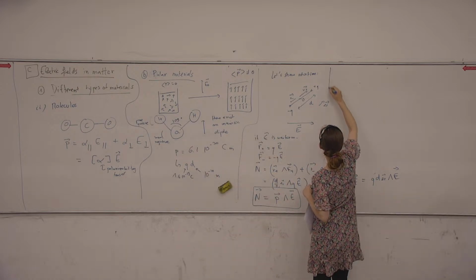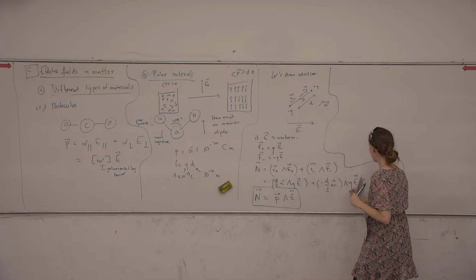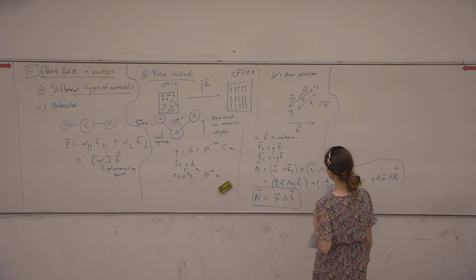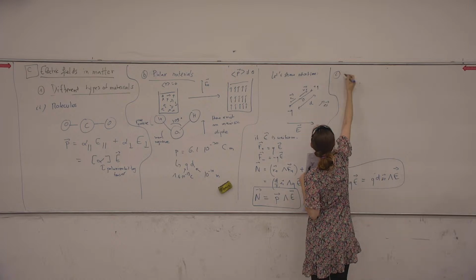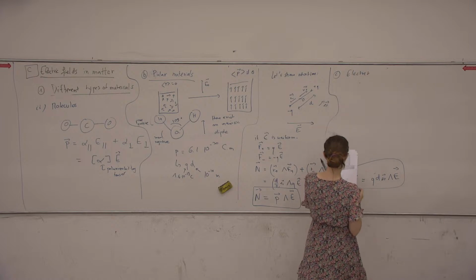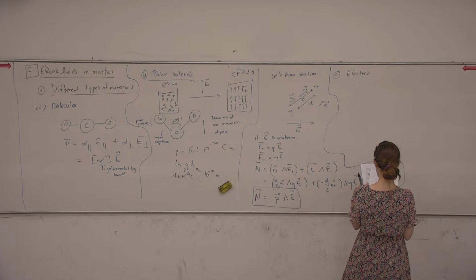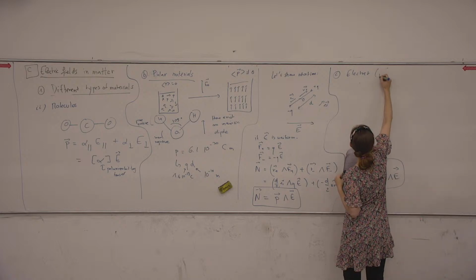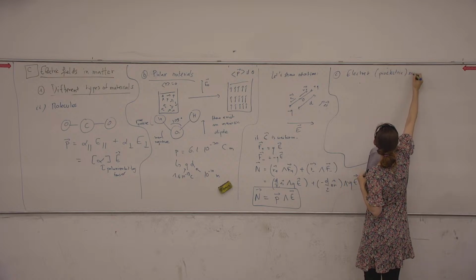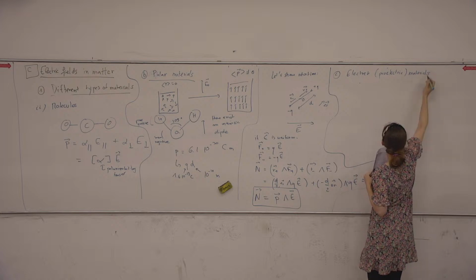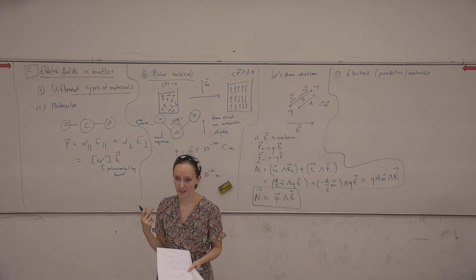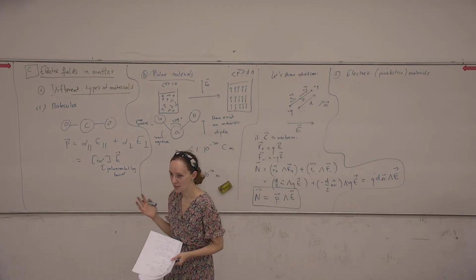So I talked about two types of insulators. There is a third type which we are less familiar with, which are called electrets, or sometimes ferroelectric materials. These are materials for which, when you turn the field off, the dipole will remain.